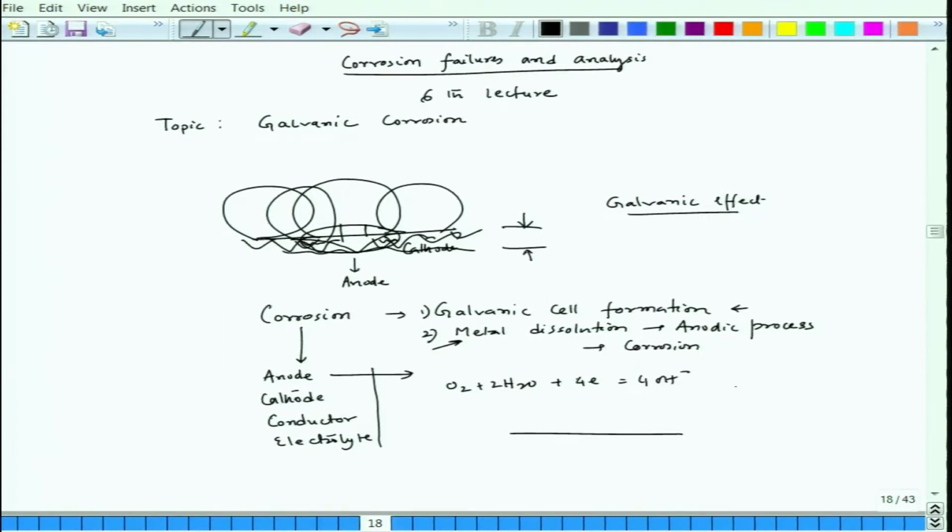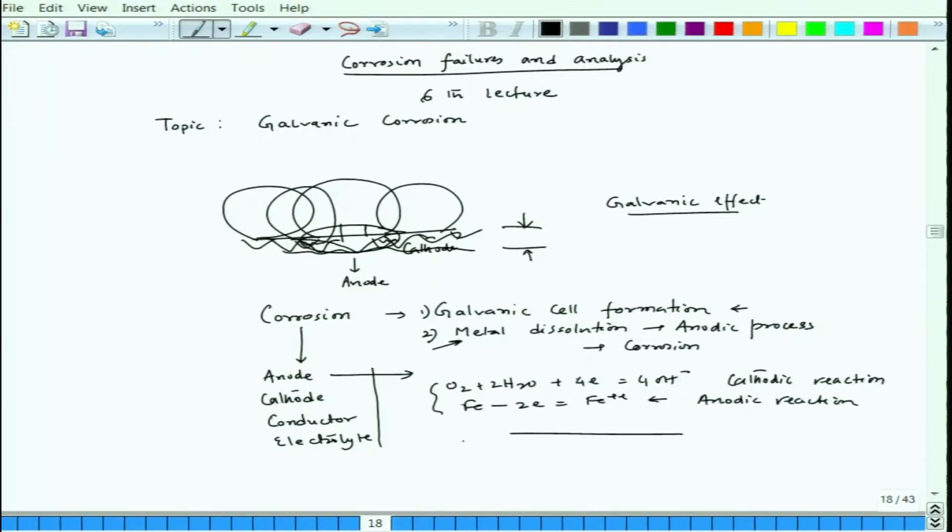This is the cathodic reaction. And then the anodic reaction, which is corrosion, is Fe going to Fe2+ plus 2e. And these two reactions must happen together, otherwise singularly this reaction cannot take place.